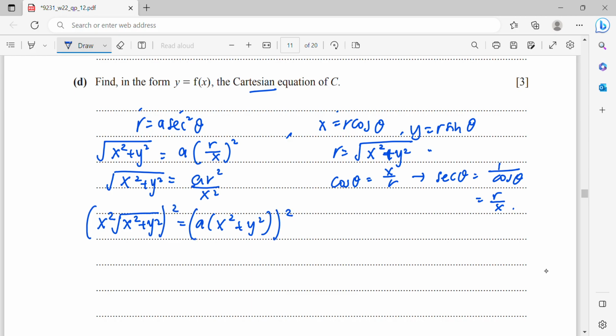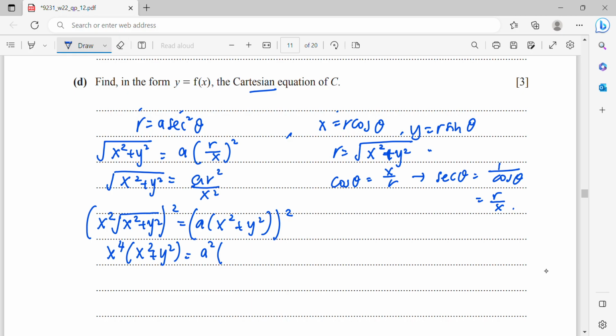So when I square both sides, I will get the left side, then here x squared plus y squared equals a squared bracket. Okay, wait.